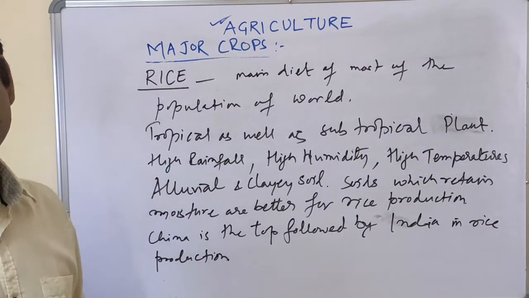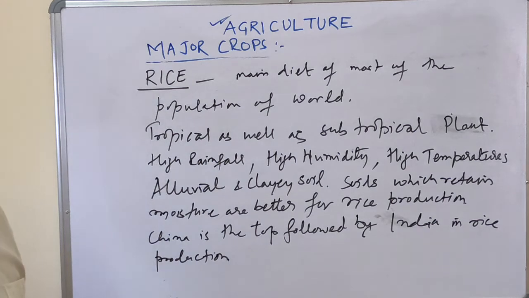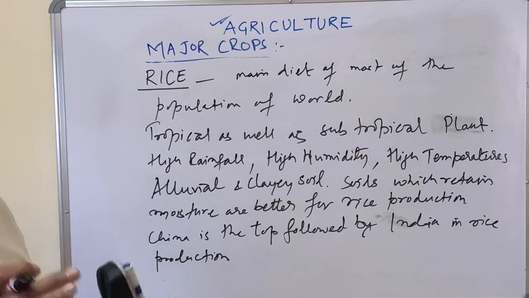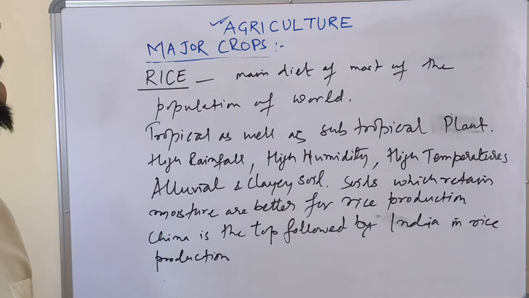China is at the top in the production of rice and it is followed by India. So India is the second largest producer of rice. When the conditions are favorable, rice can be grown 2 or 3 times in a year.